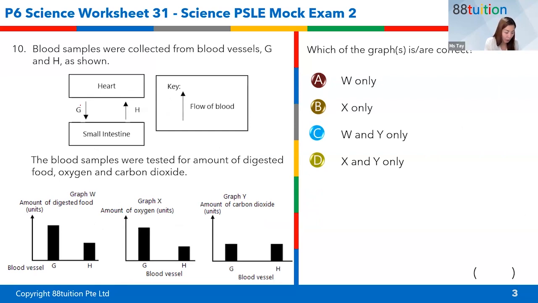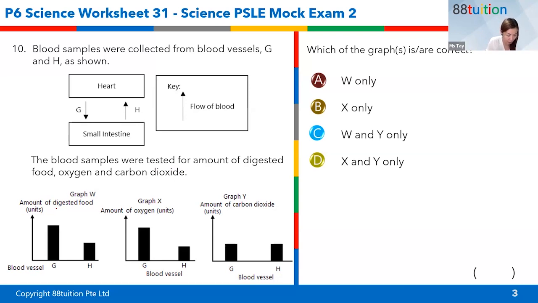For example, for blood vessel G, it's flowing from the heart to the small intestine. And then for blood vessel H, blood is actually flowing from the small intestine to the heart. So the blood samples were tested for the amount of digested food, oxygen and carbon dioxide. You are supposed to look at graphs W, X, and Y to determine which is the correct one.